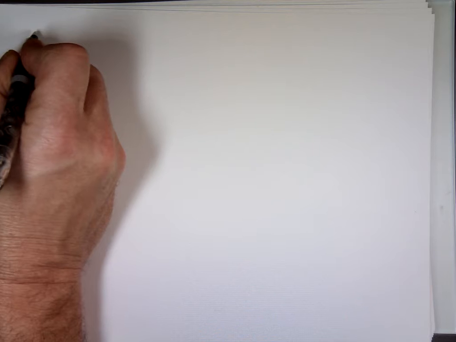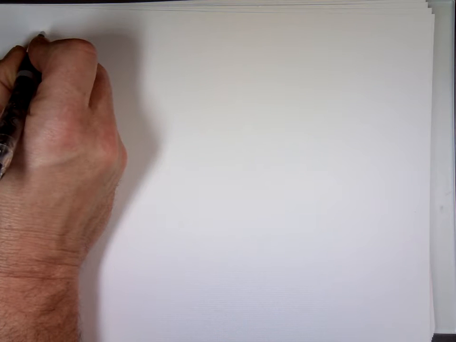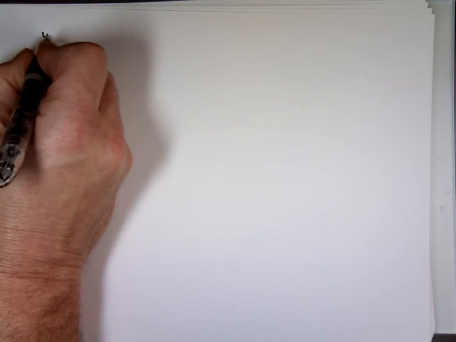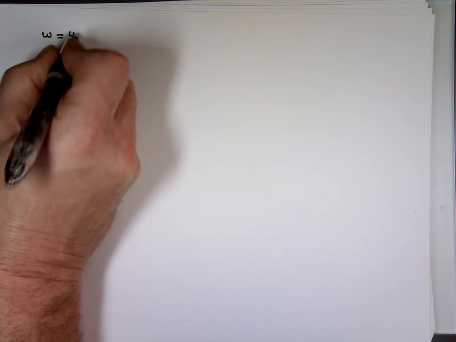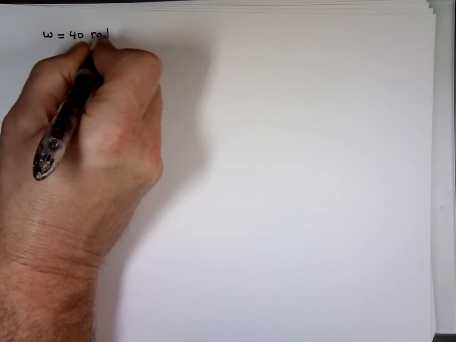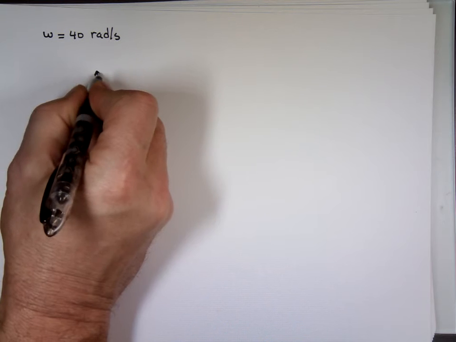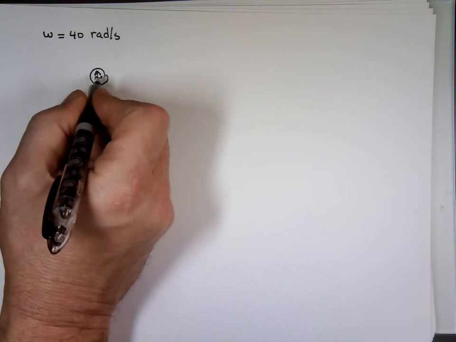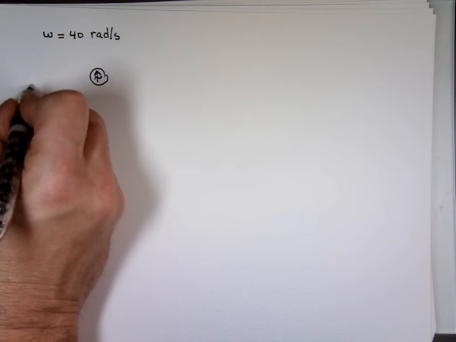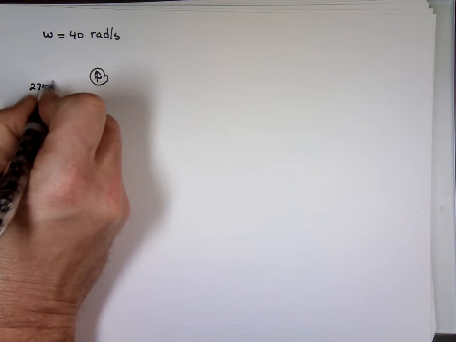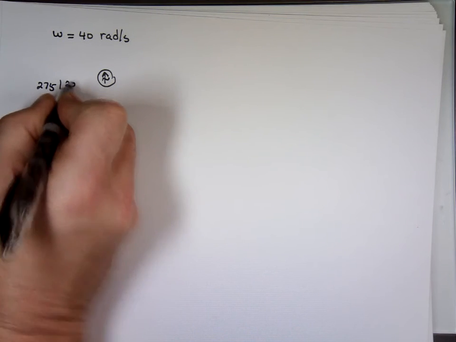Let's assume that W is equal to 40 rad per second. And we have this circuit. We have a current source of value 275 angle 20 milliamp.